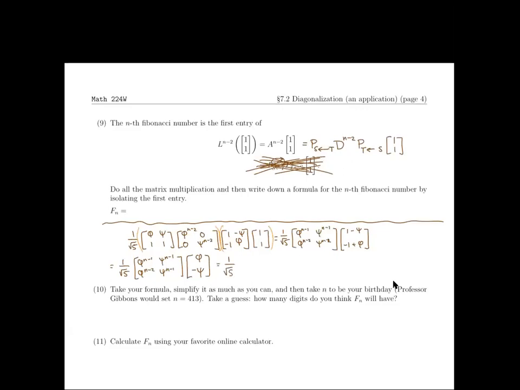So let's see, we're going to do phi to the n minus 1 times phi. So we're going to get phi to the n. And then we're going to get a c to the n minus 1 times negative c. So we're going to get minus c to the n.